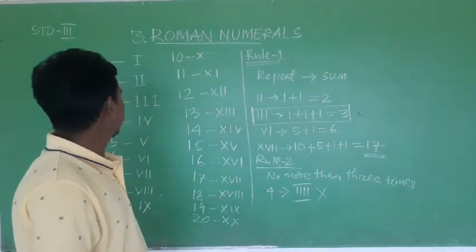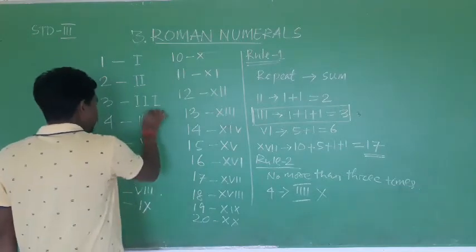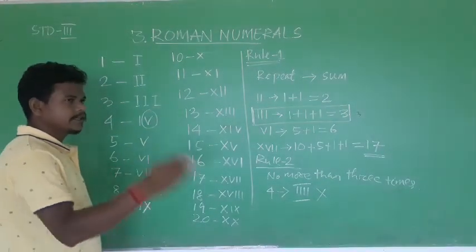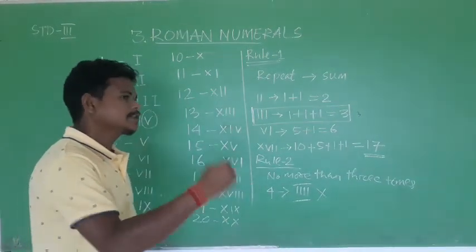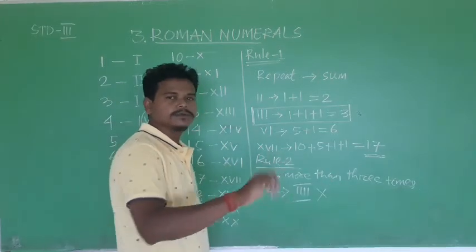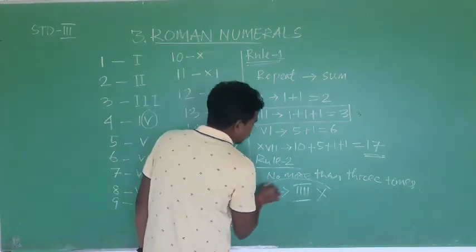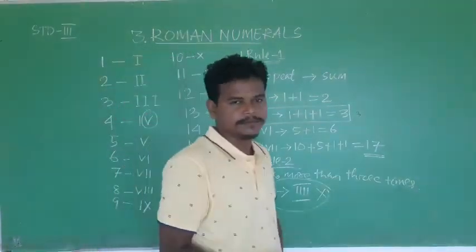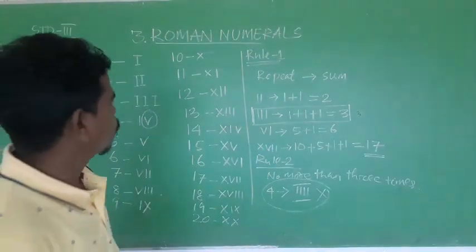Similarly, XXXX does not represent 40, because no particular numeral comes more than 3 times. Okay, this is the rule number 2.